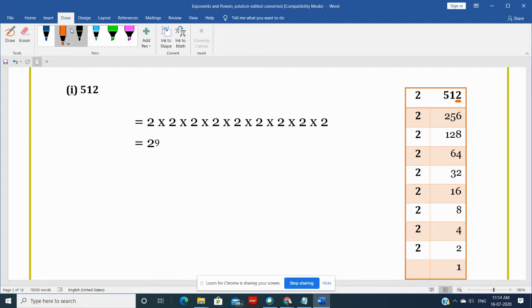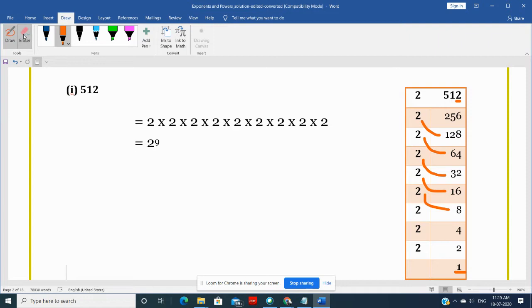Similarly, with this 2, we can say that 2 1s are 2, 2 2s are 4, 1 remainder, 2 8s are 16. Similarly, 2 64s are 128. Now it's easy. 2 32s are 64, 2 16s are 32, 2 8s are 16, and so on. You should go till you get the last number 1. Alright, once you get 1, it means you are done.